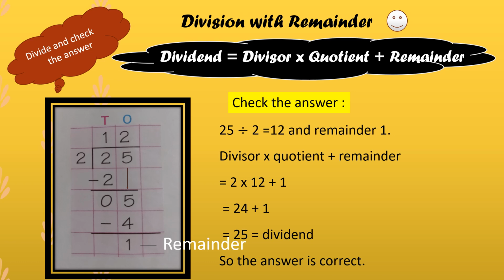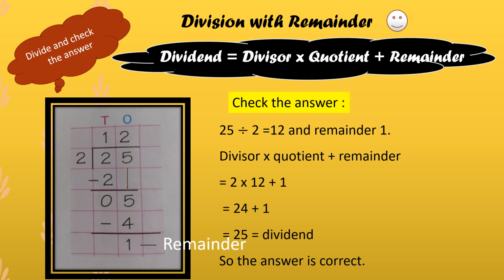See children, after doing this division, what conclusion do we get? See, 25 divided by 2 equals 12 because 12 is our quotient, and remainder 1 because we got 1 as remainder also, no? Yes. Now put the values in the formula. Divisor into quotient plus remainder, which must be equal to the dividend. So our divisor is 2, our quotient is 12 and our remainder is 1.